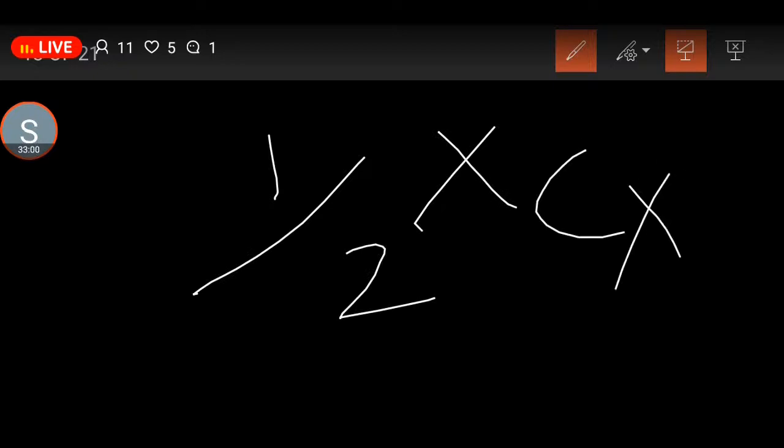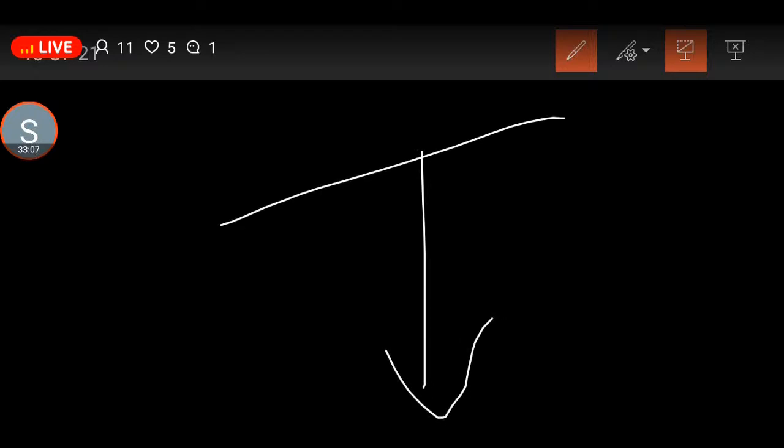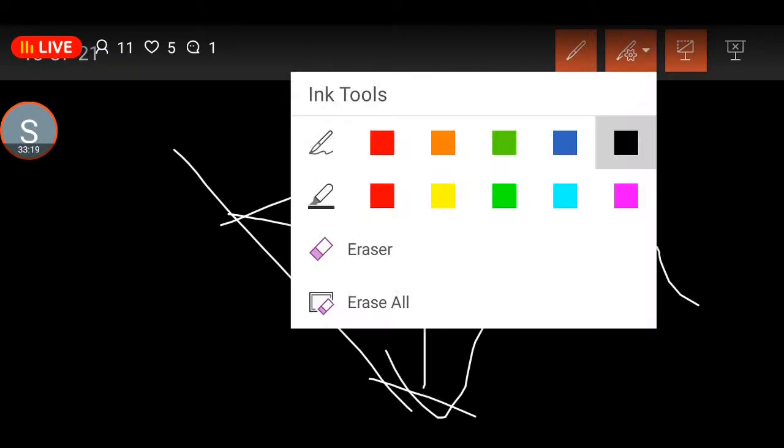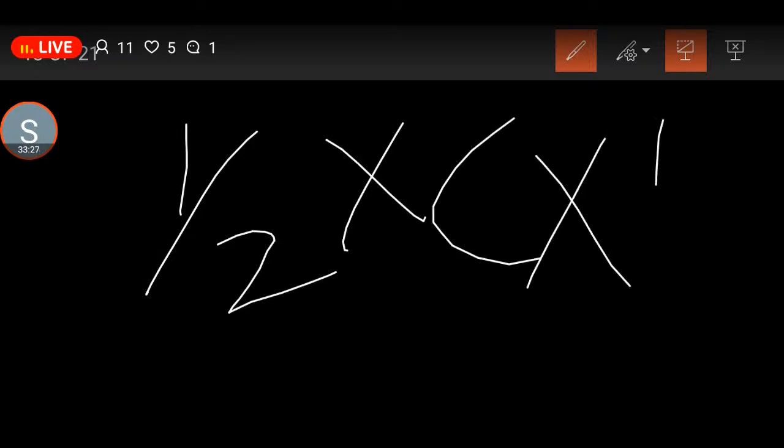Now using the area formula, that is half into C into height. What is this height? If we draw a perpendicular in between, let this be the height of the triangle. The formula is half into C into H. That is what I showed now.